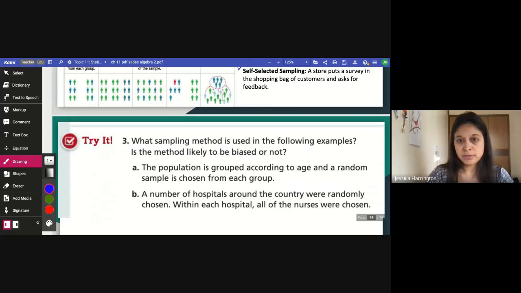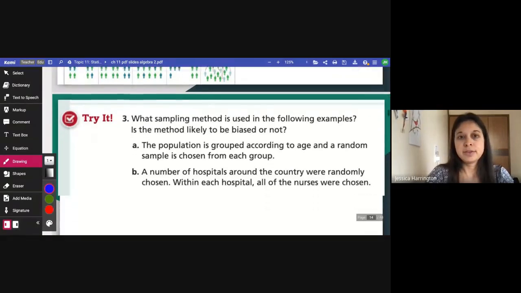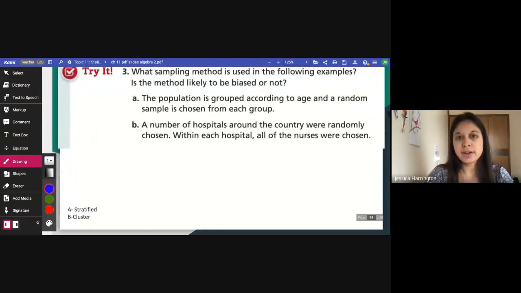Within each hospital, all of the nurses were chosen. So A is stratified, right? Stratified because you're dividing everyone into like groups according to age, and then you're choosing a random sample from each group. B is cluster because we're dividing these people into convenient clusters, hospitals. And then within the hospital, we're saying, okay, now we're going to talk to all the nurses.